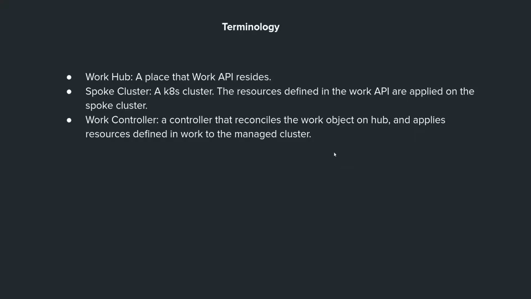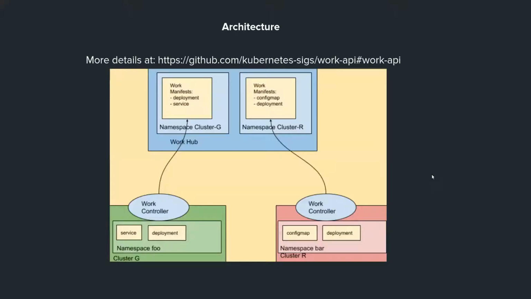cluster. A quick overview. For more details, visit the Git repo, please. The work CRD is to represent a list of Kube API resources to be deployed to a spoke cluster.